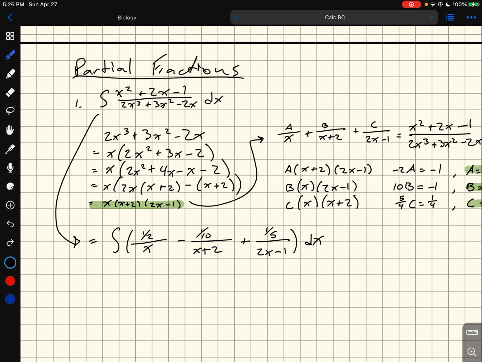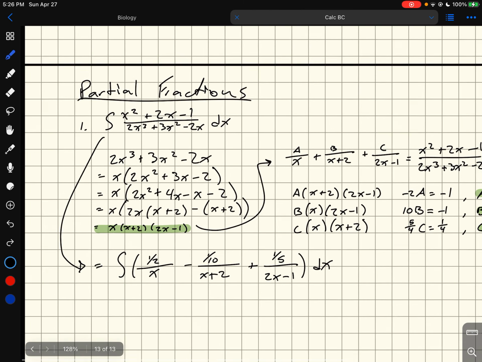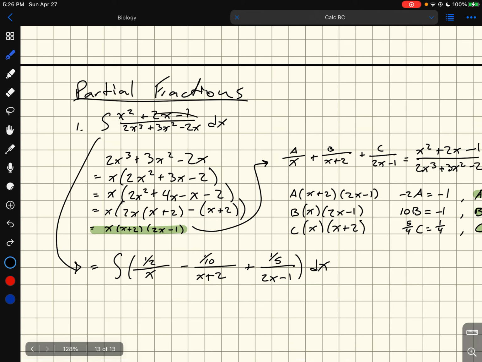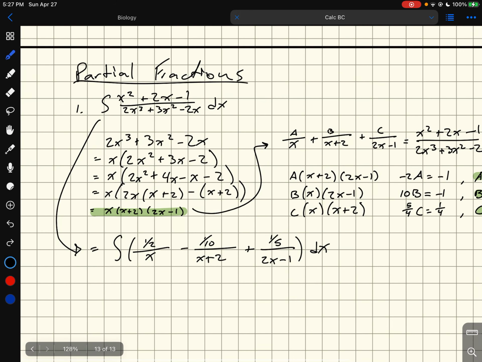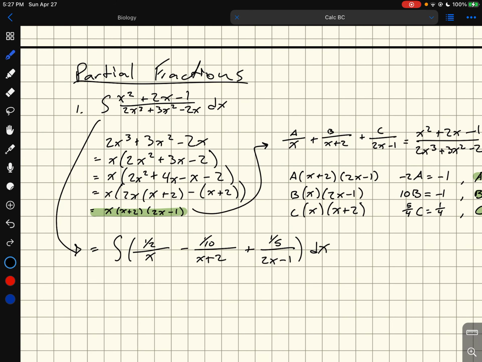Okay, so before we move on to actually integrating, let us recap quickly. See, this is why it's not my favorite, because it's very tedious. So what did we do? We have our denominator, or we recognize that this is a fraction that we don't know how to integrate using substitutions, and we can't use parts, so we have to use this new technique called partial fractions.